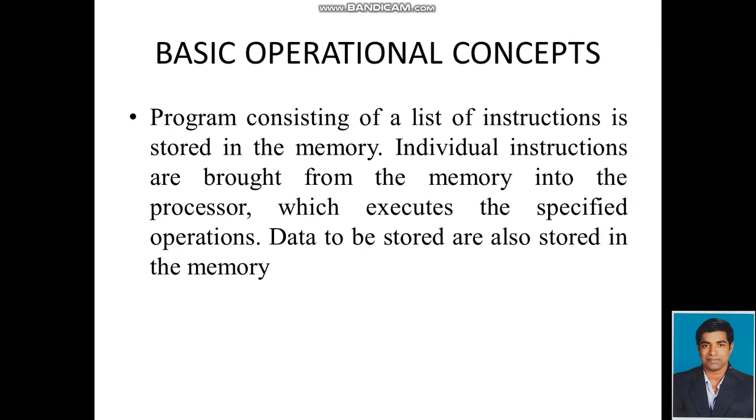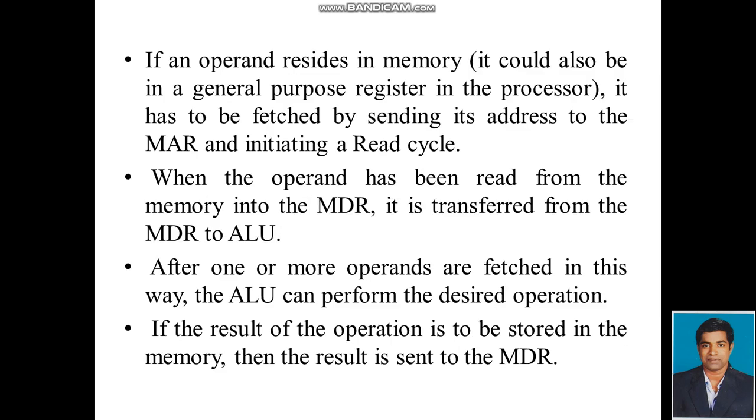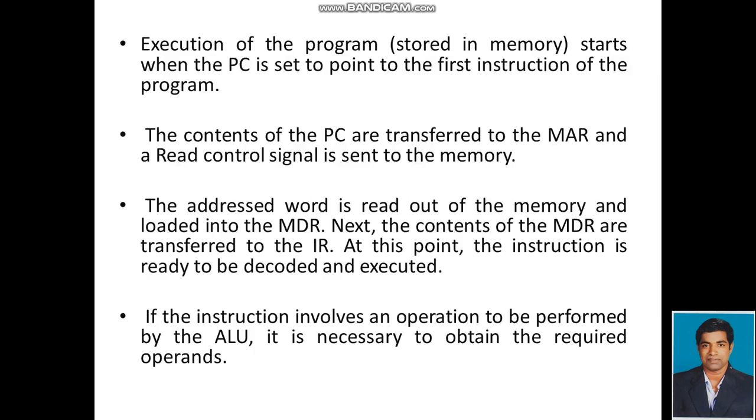Basic operational concepts. A program consisting of a list of instructions is stored in the memory. Individual instructions are brought from the memory into the processor, which executes the specified operations. Data to be used are also stored in the memory. The execution of the program starts when the PC is set to point to the first instruction of the program.